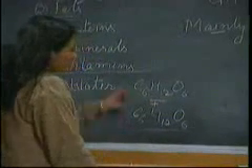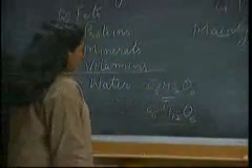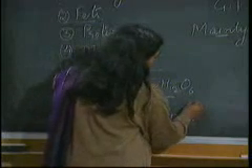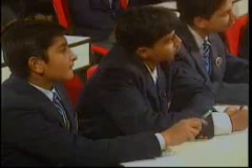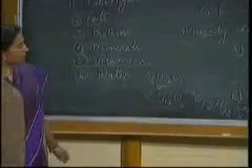So glucose plus fructose, by the condensation of these 2 molecules, we get sucrose. And the formula of sucrose is C12H22O11.